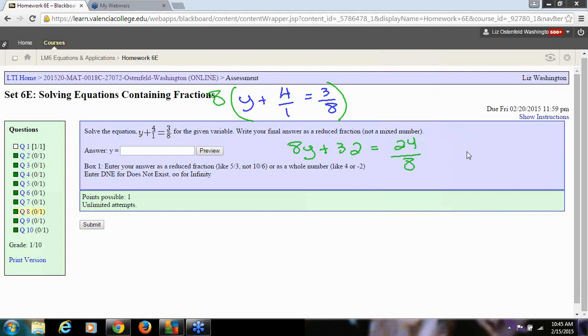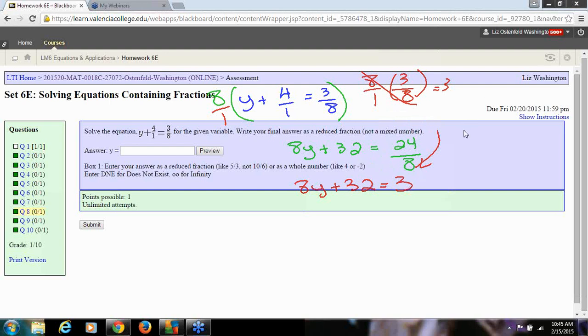And then when I continue to simplify that, I get 8y plus 32 equals, and 24 divided by 8 is just 3. Another way you could have looked at it, if I was doing 8 over 1 times 3 over 8, really that's just canceling and I'm left with 3, which is what you see happen here. So no matter how you want to look at it, if you want to cancel first or if you want to multiply and then cancel, you're still going to get the same answer.